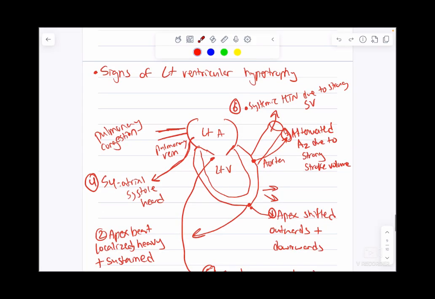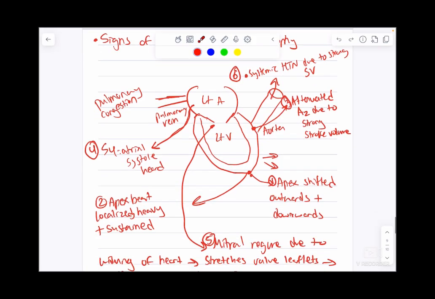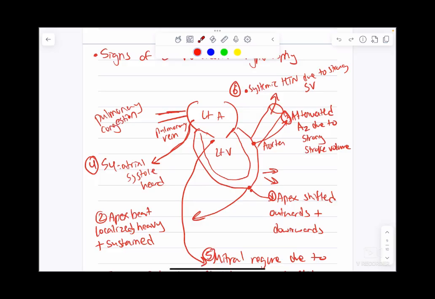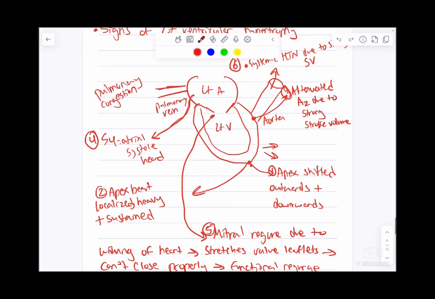Okay, signs of left ventricular hypertrophy. Number one, the apex is shifted outwards and downwards. Remember, the right ventricle is only shifted outwards. So instead of the fifth intercostal space, midclavicular line, it would probably be the sixth intercostal space, a little bit out of the midclavicular line.